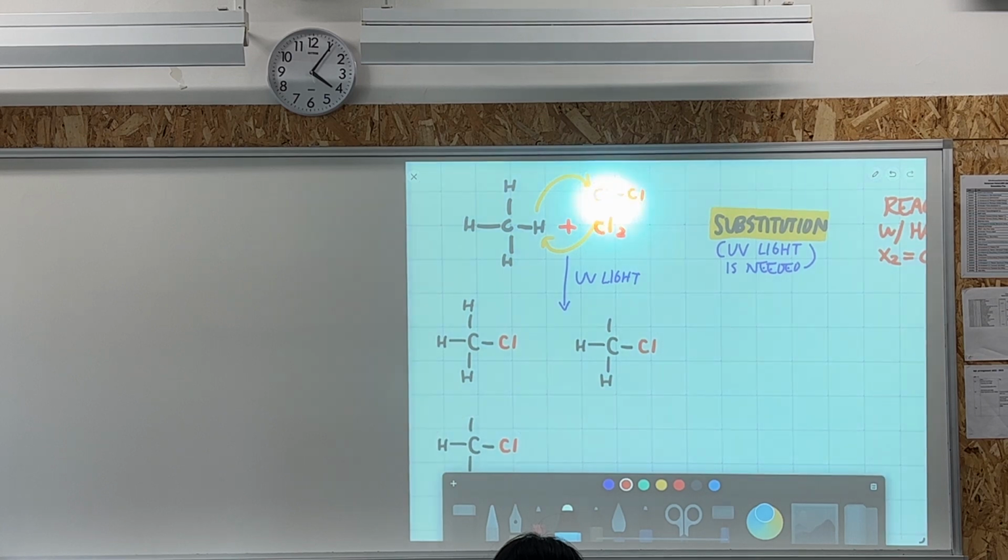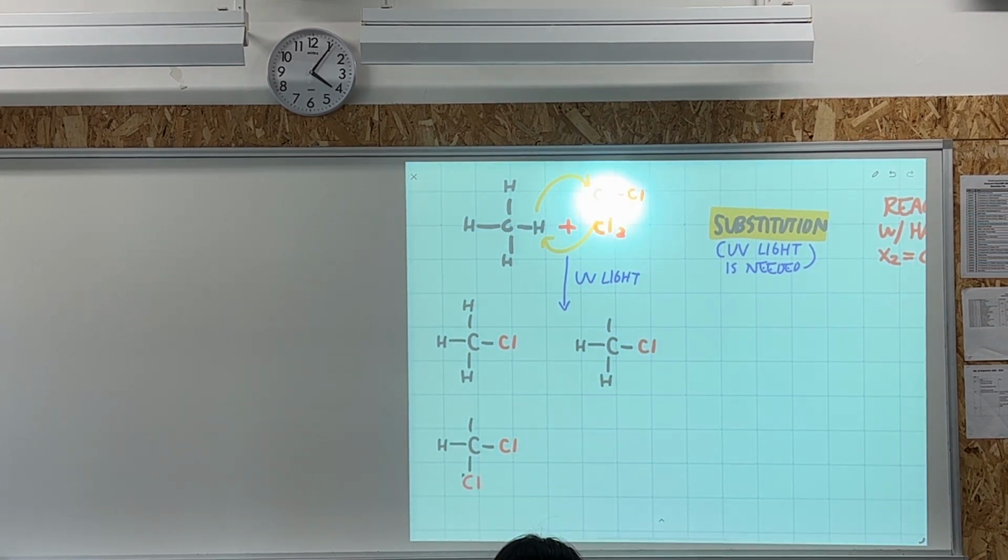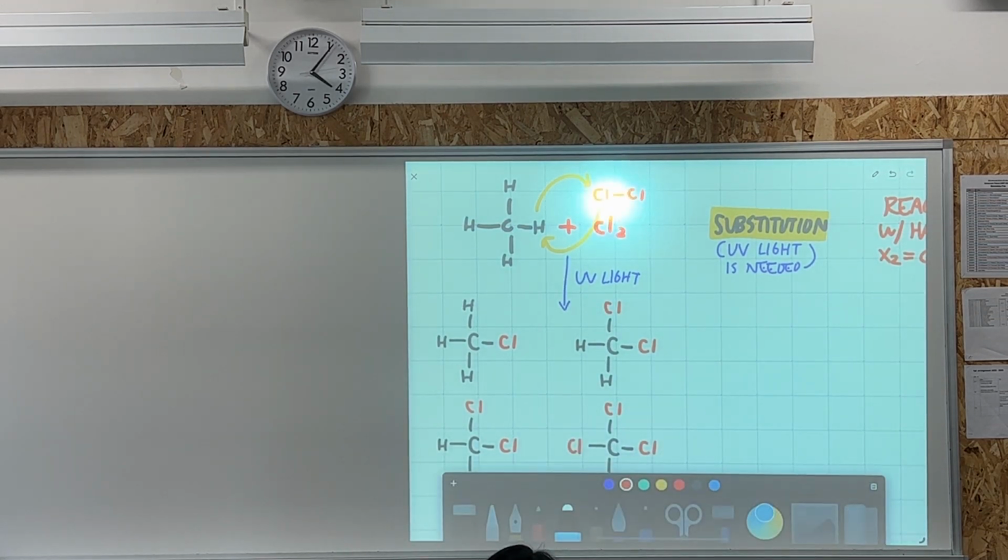What is the third one? CHCl3. If you are confused, try to draw them all out, then you will see that one at a time, you can swap an H with a Cl, and so their formulas are respectively CH3Cl, CH2Cl2, CHCl3, and CCl4, and I want you to name them all.